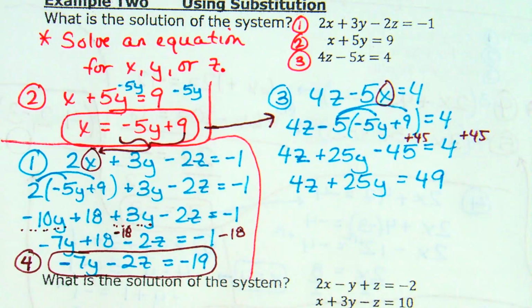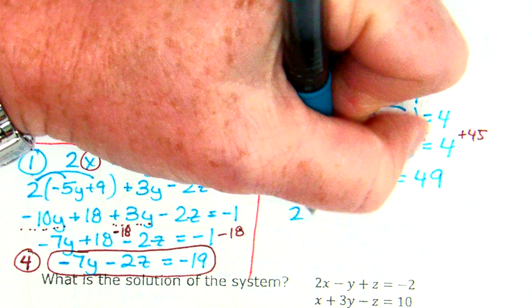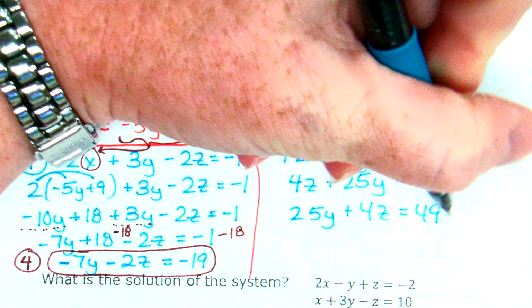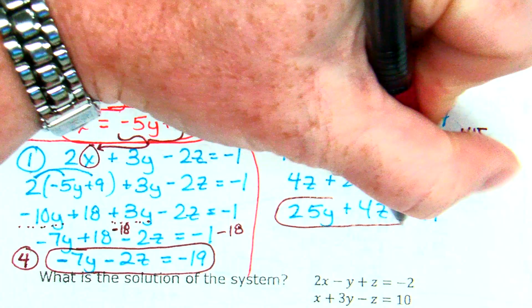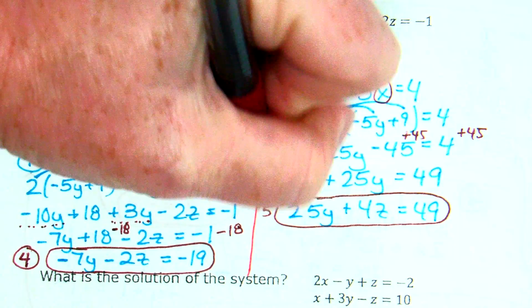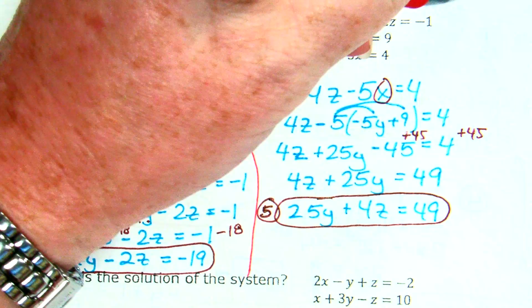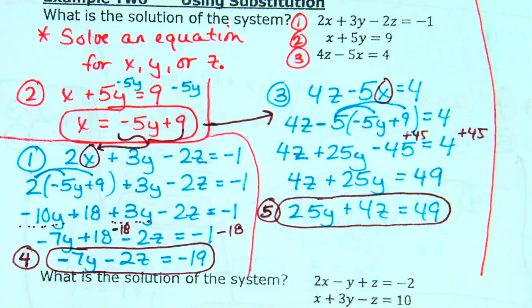So if I go ahead and flip this one, I'm actually going to write it as 25y plus 4z equals 49. And that's what I'm going to call equation 5. Technically, if I call it equation 5 at the previous step, that's the same thing. But just stating, you need to watch out and make sure your variables are in the same order.